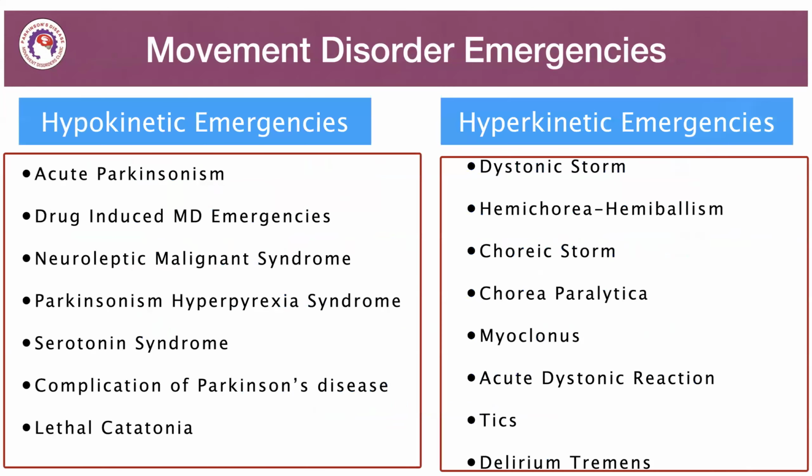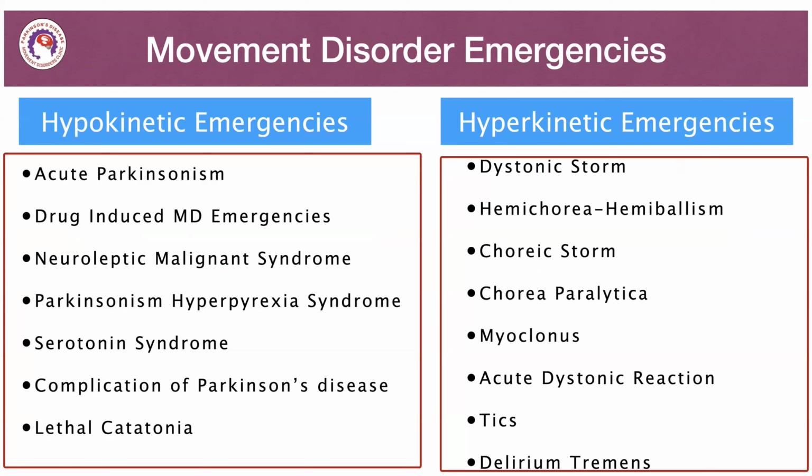So what are the different types of movement disorder emergencies? As we approach any movement disorder, based upon the type of primary movement we see, the underlying etiology may vary, but it can be classified as hypokinetic emergencies and hyperkinetic emergencies. Hypokinetic emergencies include acute Parkinsonism, drug-induced movement disorder emergencies, neuroleptic malignant syndrome, Parkinsonism hyperpyrexia syndrome, serotonin syndrome, complications of Parkinson disease, and lethal catatonia, to give a few examples.